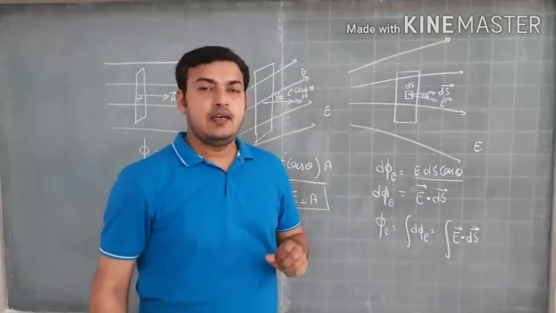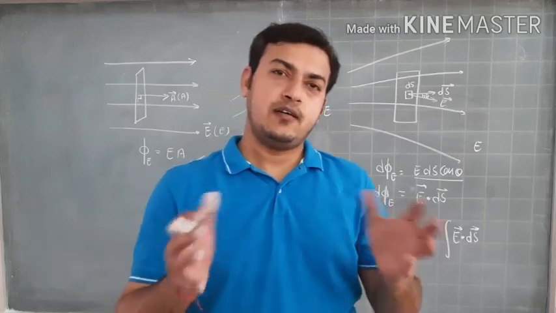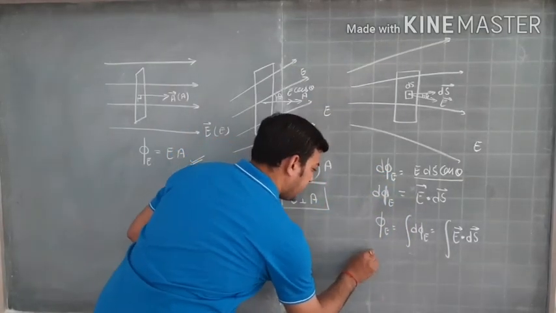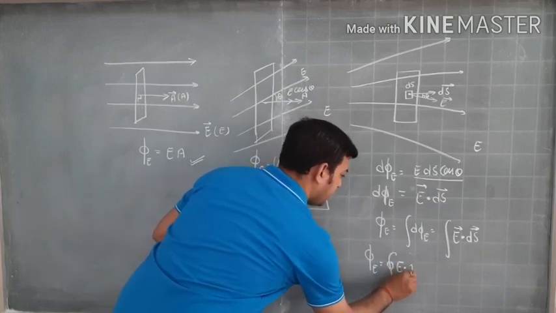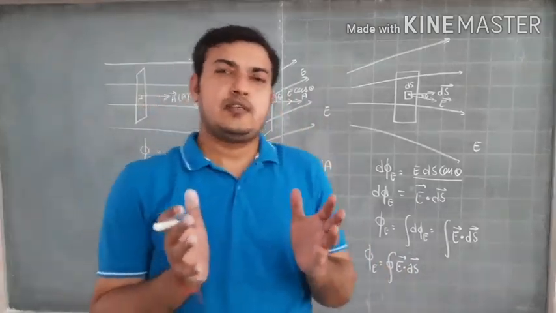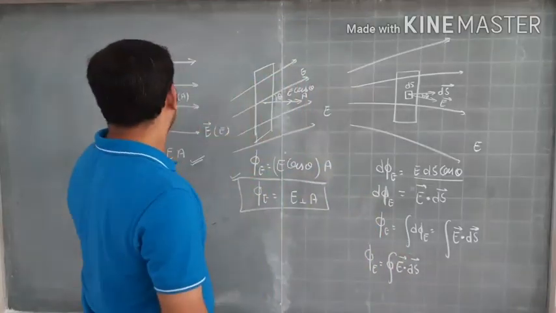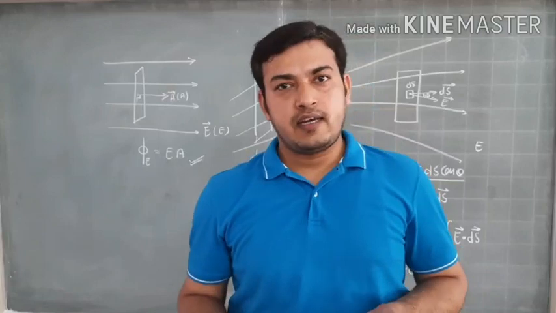Sometimes the surface is an enclosed surface, or a bounded surface, a closed surface. So for that case, we may write this equation as closed integral of E dot ds. This tells us that the surface chosen by us is a closed surface. It is not an open surface like this. The closed surface may be a cylinder, it may be a spherical shell, spherical body.